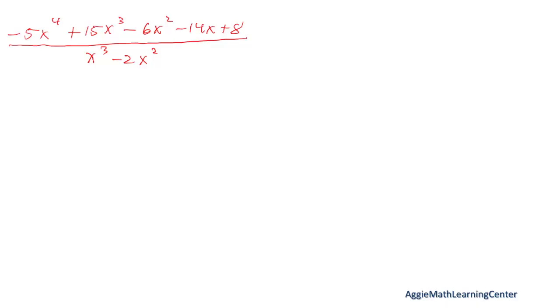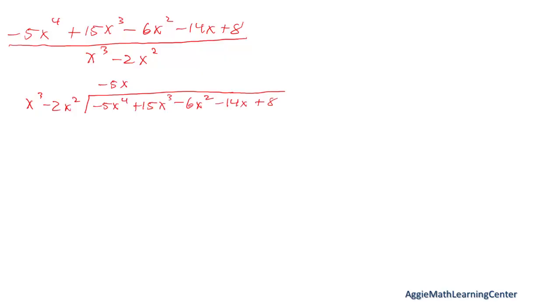So when we do our long division, we divide negative 5x to the fourth plus 15x cubed minus 6x squared minus 14x plus 8 by x cubed minus 2x squared. Negative 5x to the fourth is going to go into x cubed negative 5x times.